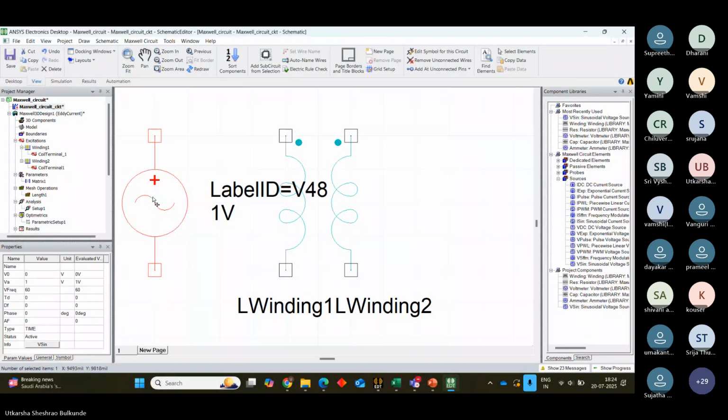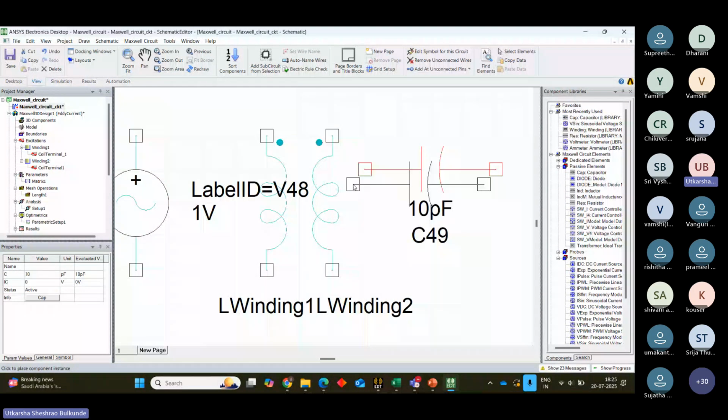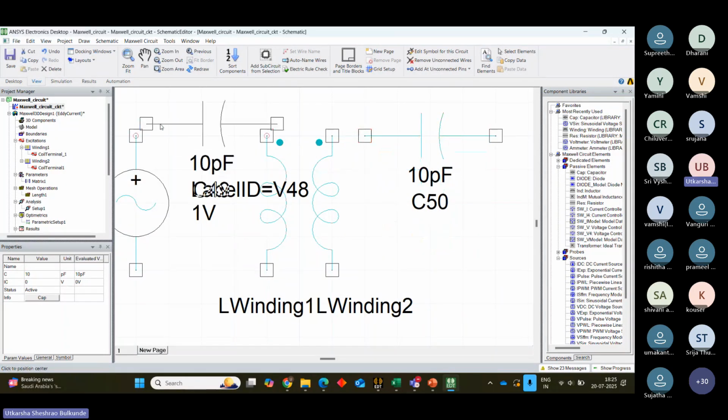Then the next thing was to make the circuit operate in resonance. What do we need? Capacitors, right? So from passive elements, you can get capacitors. One, and this is the second capacitor.